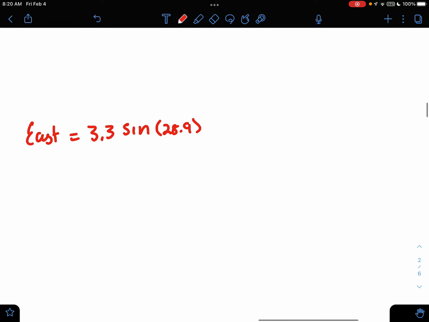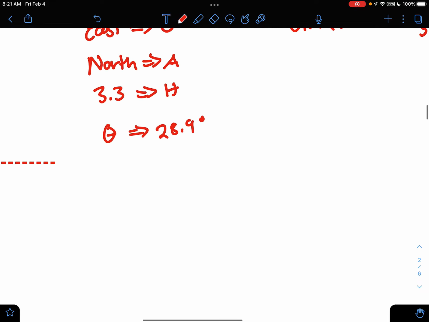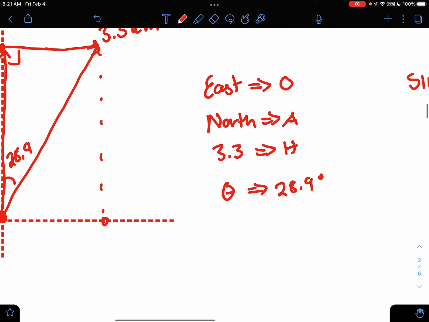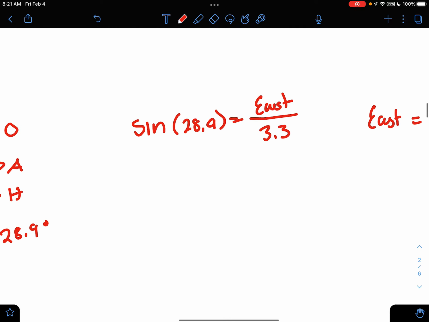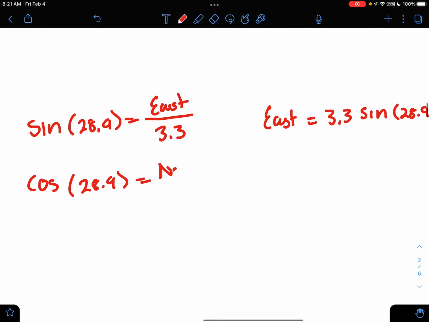I solve this for east, so we get that east equals 3.3 times the sine of 28.9, which is going to equal roughly 1.594831865 kilometers. And now we need to find out how far north. That's our adjacent side, so the cosine of 28.9 is north over 3.3.